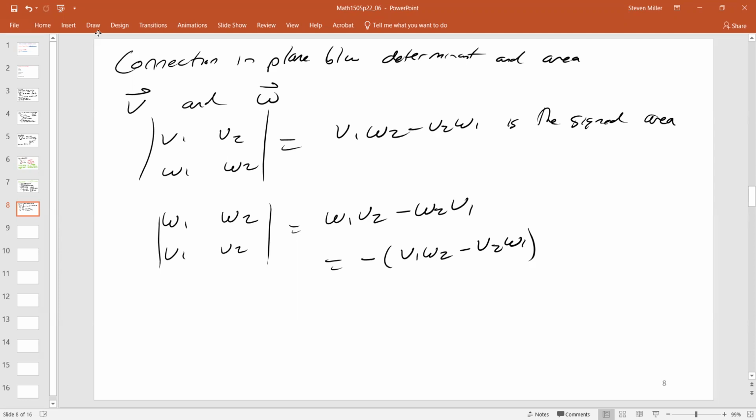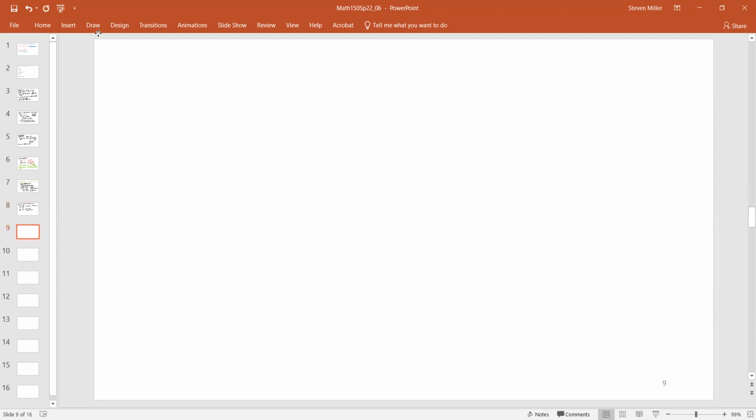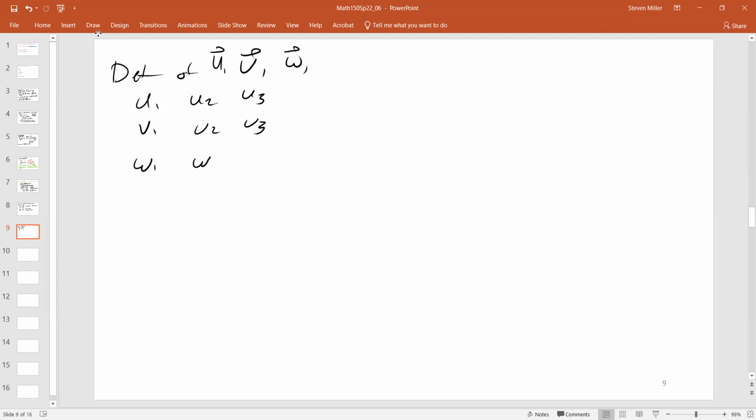So we have a definition of the determinant in 2 dimensions. It is the area of the parallelogram created or spanned by the two vectors. How would you define the determinant in 3 dimensions? So we give you the determinant of U, V, W, with rows U1, U2, U3, V1, V2, V3, W1, W2, W3.